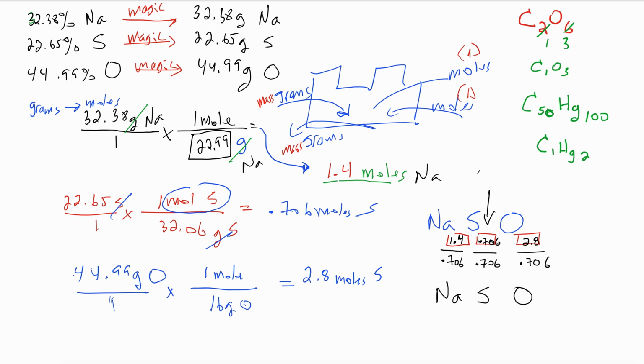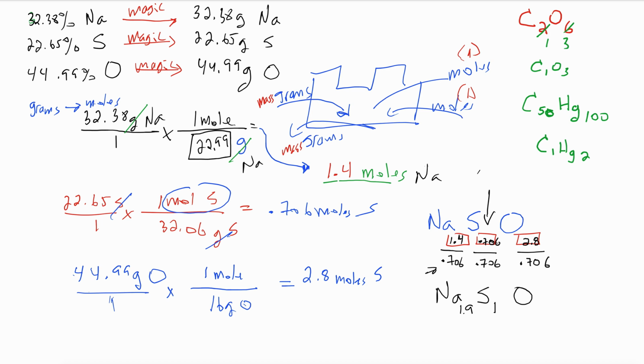We'll put it in a calculator. 0.706 divided by 0.706 is 1. Now put this on the calculator. 1.4 divided by 0.706. Great.